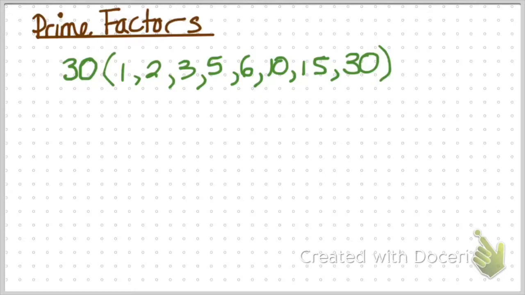What we do is we create what is called a factor tree, where you start with the number that you're looking for factors of, and then you split it up into two factors that you know of. So two factors that I know of for the number 30 are, say, 6 times 5. And then I ask myself, are these numbers prime numbers? 5 is, but 6 is not.